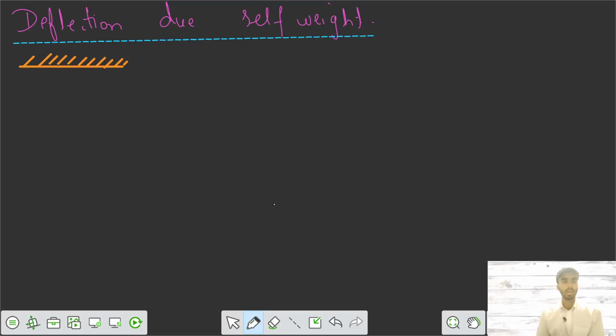Let's say you have a bar, but it is not weightless. You are not applying any external force P, but the bar has weight.